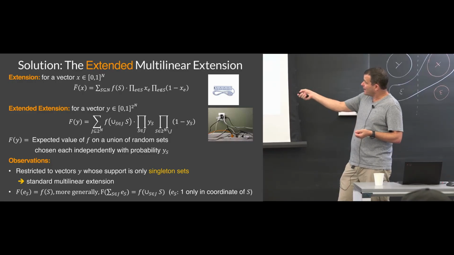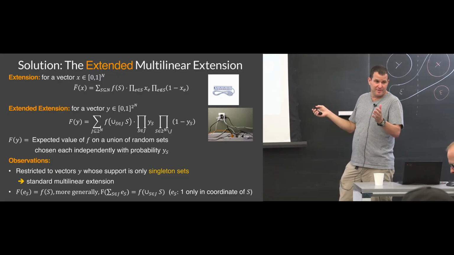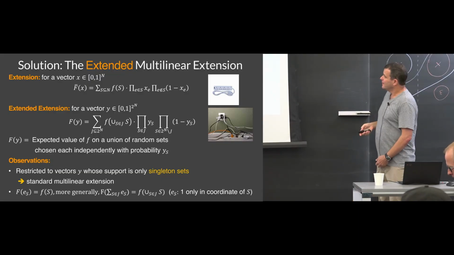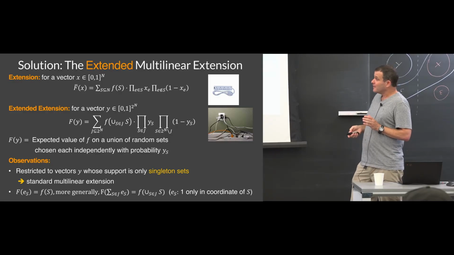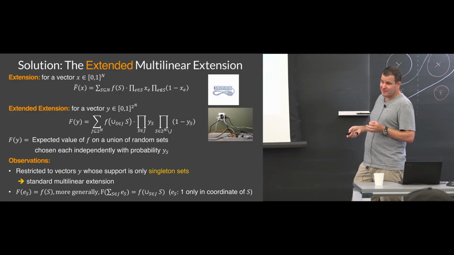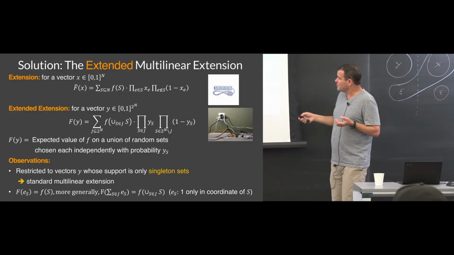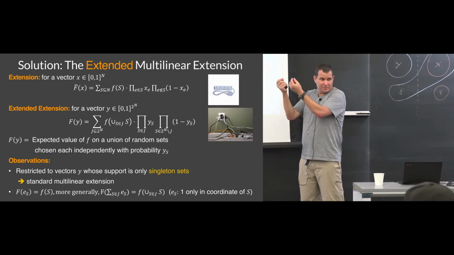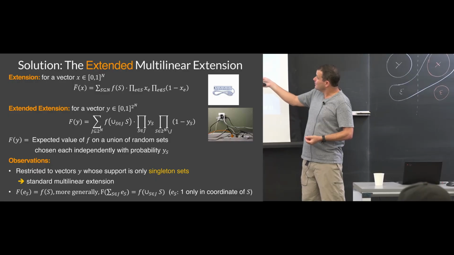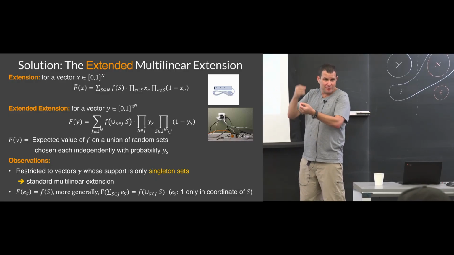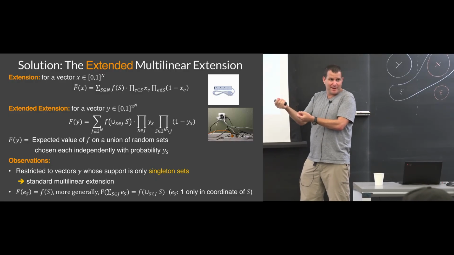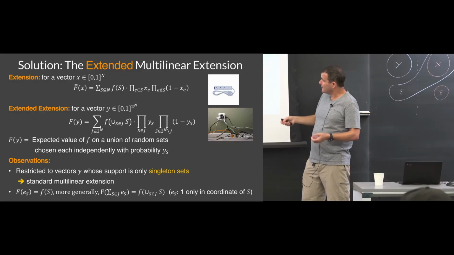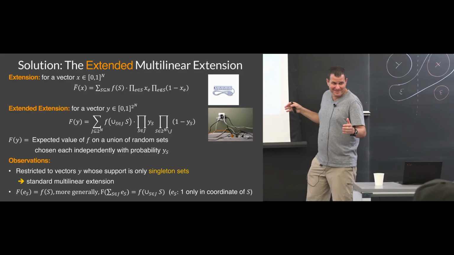And then the value of this extended extension is just the value of the union, the random set that is the union of everything that is there. So just for intuition, if you take y_S just for the singleton sets that contain a single element, you will get exactly the multilinear extension because you choose a set that contains only one element and you choose it independently. So this extends the extension.